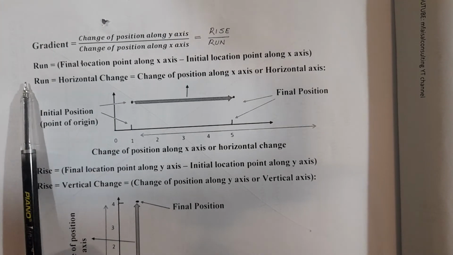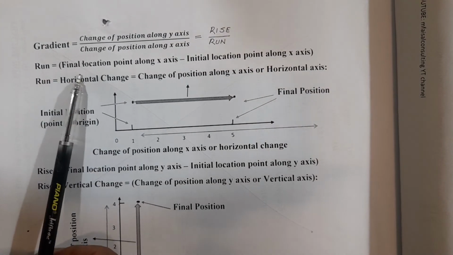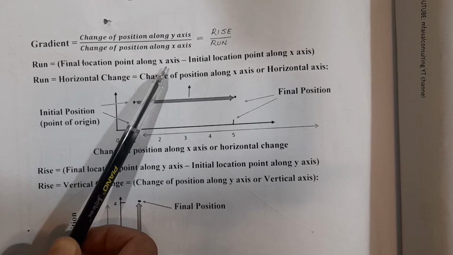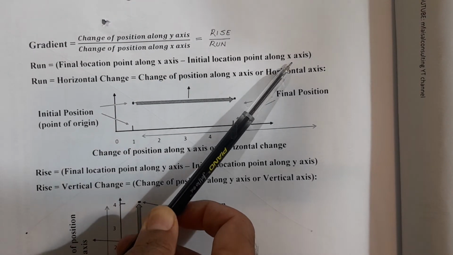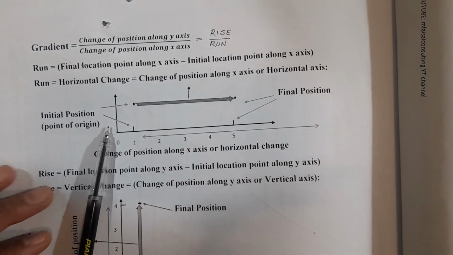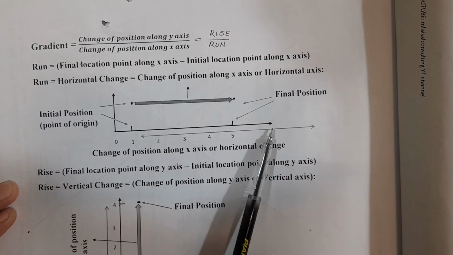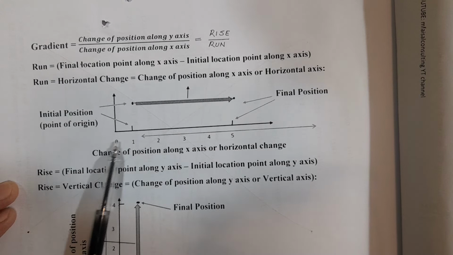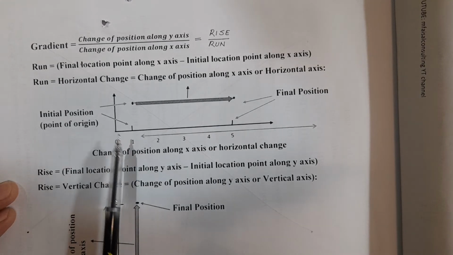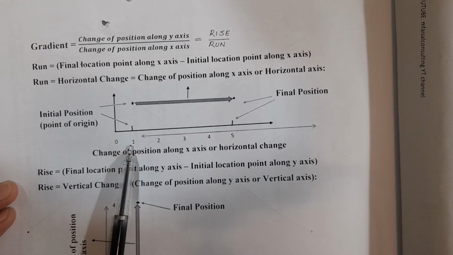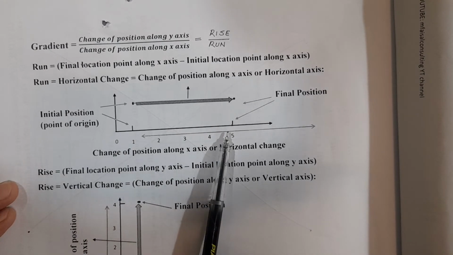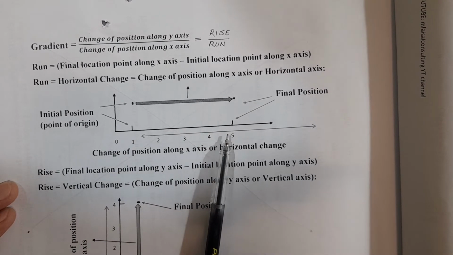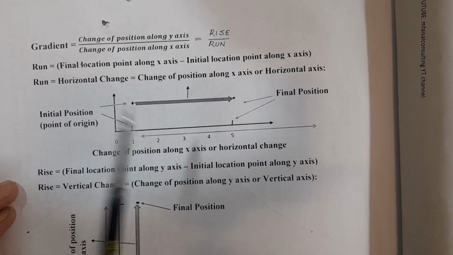Now I will describe that the run is basically the final location of a point along the x-axis minus the initial location of the point along the x-axis. This is the movement along the x-axis, the horizontal axis. The initial position of a point was at point 1, final position at point 5. So the run will be equal to 5 minus 1.